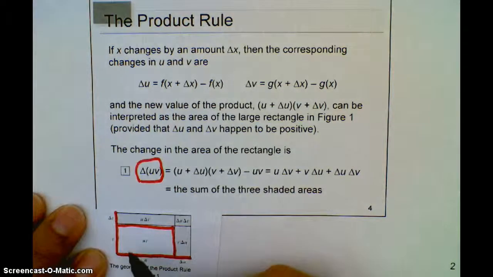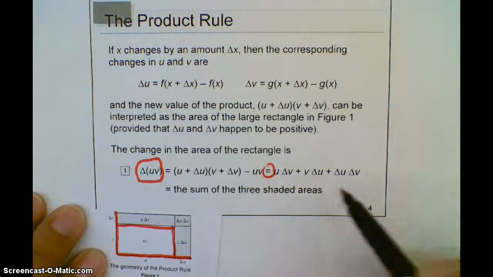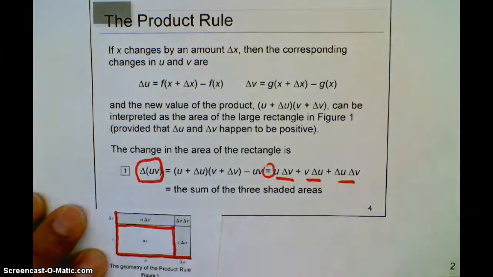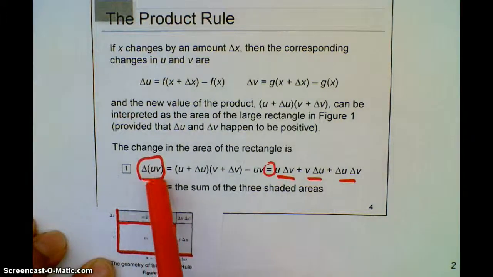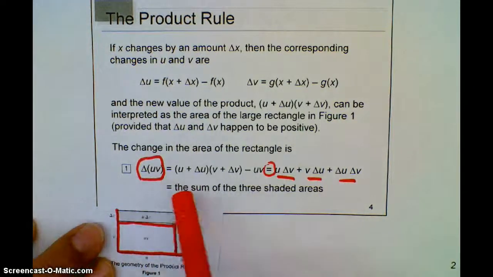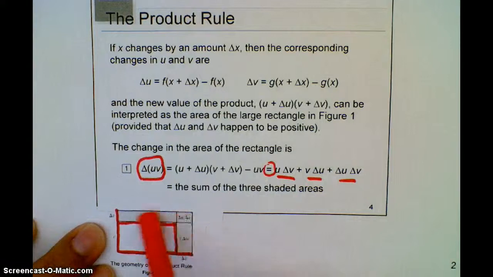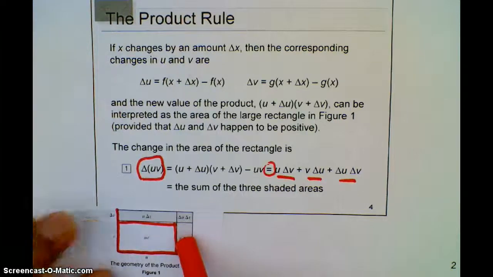When I have the big rectangle and I'm taking this smaller one, what I have left equals these three areas that we have here. And so again, the change in the area of the rectangle, which will be the reflection of the change of the product of these two functions, can be described as the shaded area here, which could be written in two ways, as the area of the big rectangle minus the small one, or as the sum of these little three.